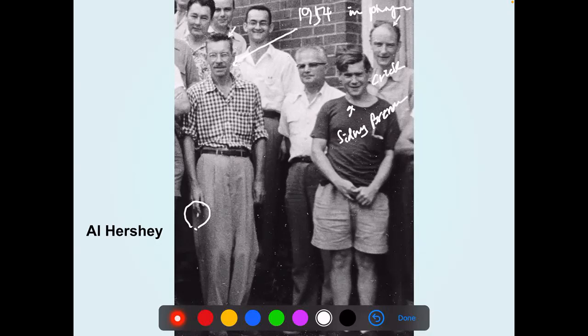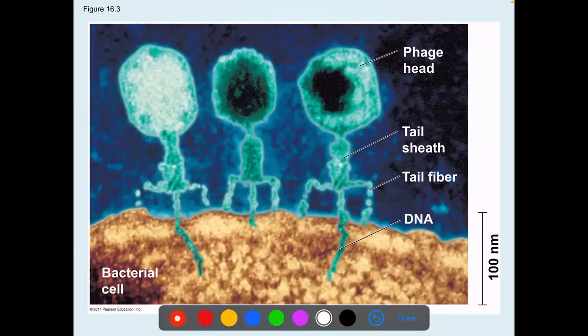So this is a phage molecule, a bacteriophage. As you can see, it's kind of like a lunar module on the cell surface. I think your book may say it is a lunar module, okay, on the cell surface.